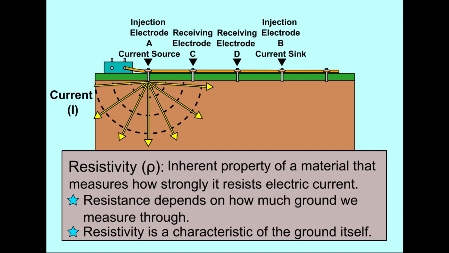Resistance depends on how much ground we measure through. It depends on the cross-sectional area that the current passes through and the length of travel. That makes things a little hard in the field. Since resistivity is a characteristic of the ground itself, it's easier to solve for resistivity instead of resistance.